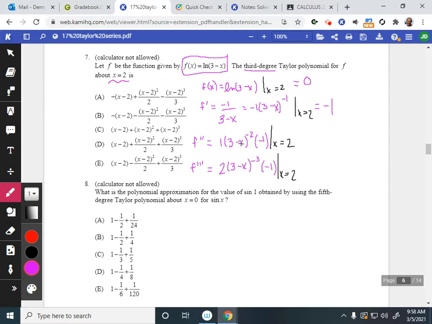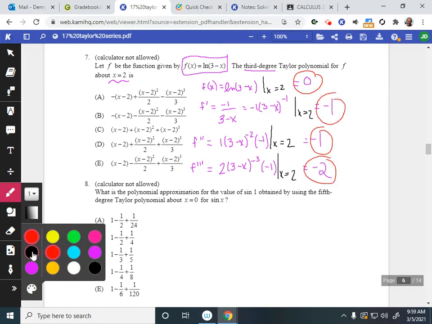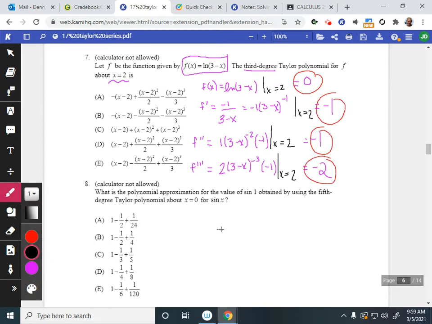Plug 2 into this, I'm going to get negative 1. Plug 2 into this, I'm going to get negative 2.